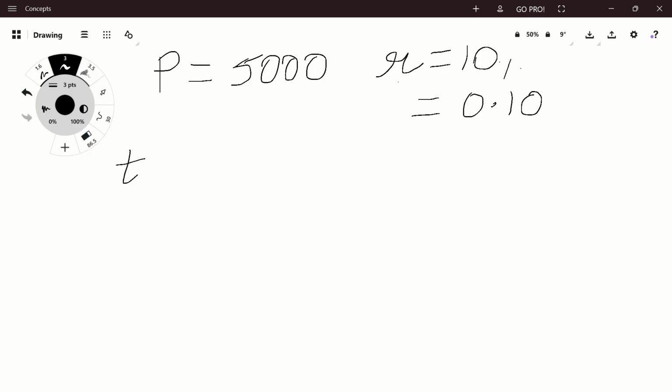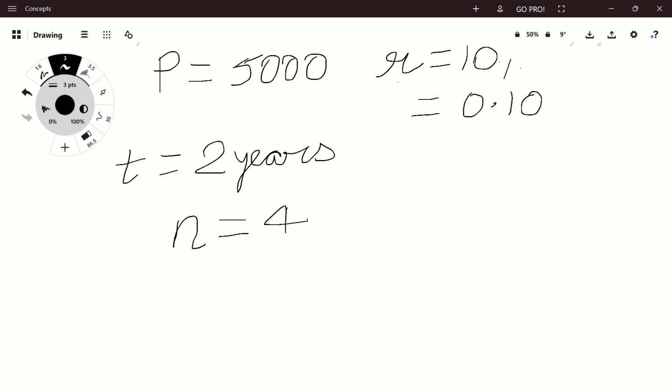The time T is 2 years. The interest is compounded quarterly, so there are N is equal to 4 compounding periods per year.